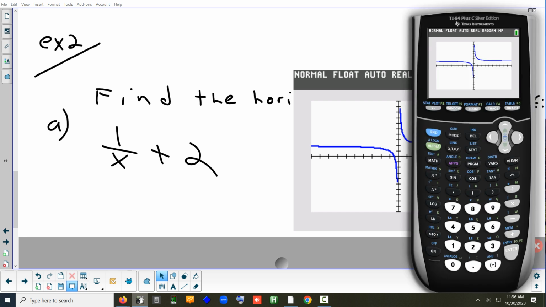Another way you can check it is you can use the table. I'm not sure if we've used the table, but you can press second table. It's giving me a list of numbers in the table already. I don't want these numbers. I want to put in my own number.